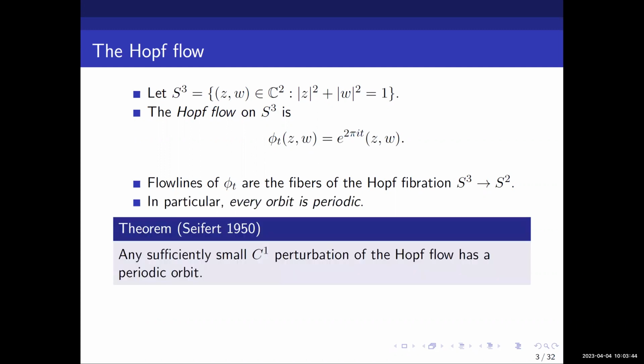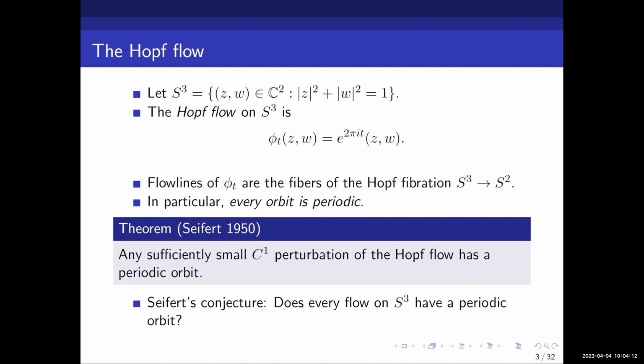Seifert showed that if you bump this flow a bit, if you change it a little bit, the periodicity doesn't get destroyed. And so he asked this rather innocuous question, whether this always happens on the three-sphere.